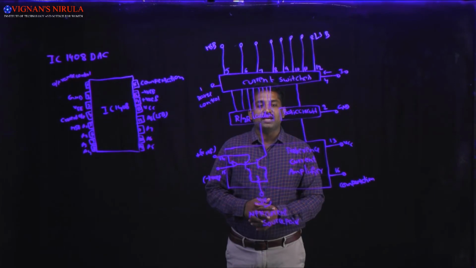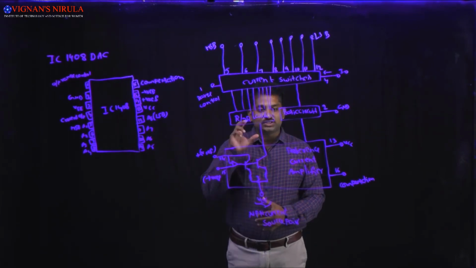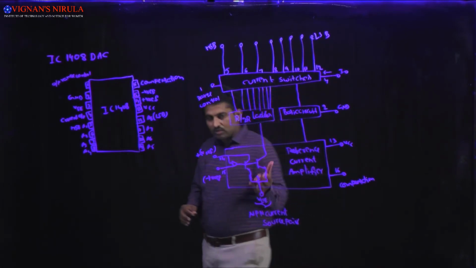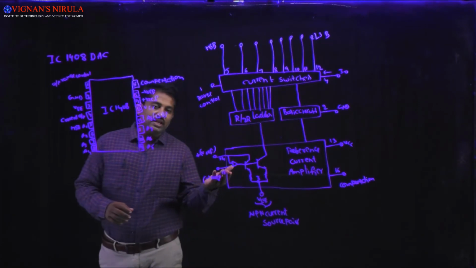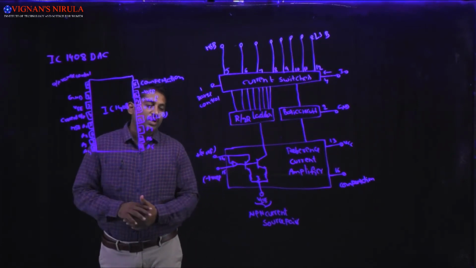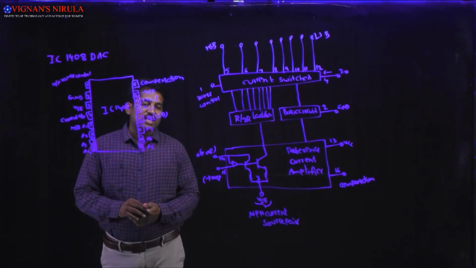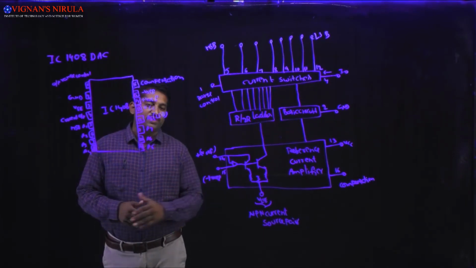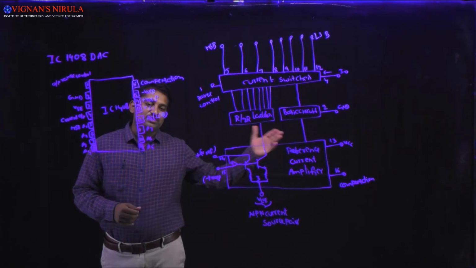IC1408 is an 8-bit DAC using the R/2R ladder technique, which is compatible with TTL and CMOS logic and which requires 2 milliamperes of reference current for the full scale input, and the supply voltages are VCC equal to plus 5 volts and VEE equal to minus 5 volts to minus 15 volts.